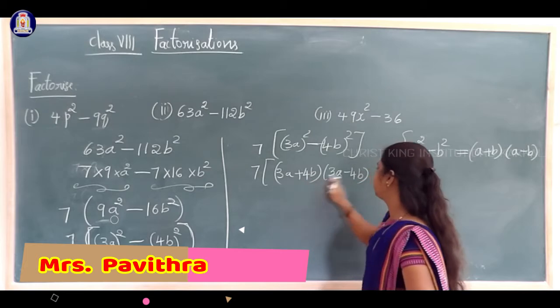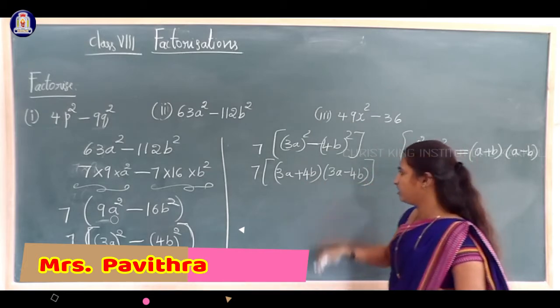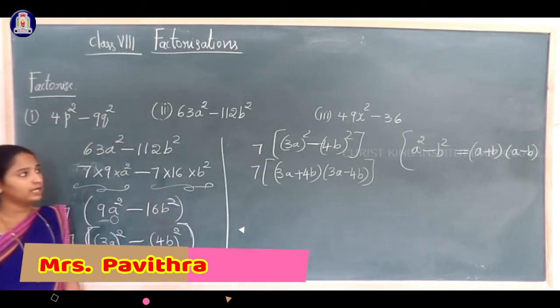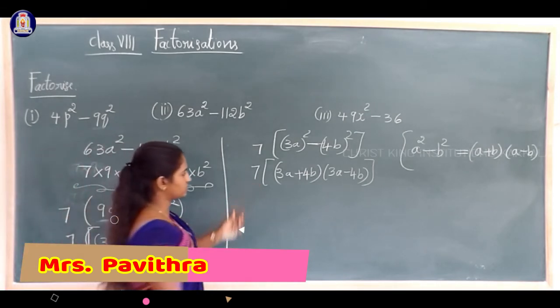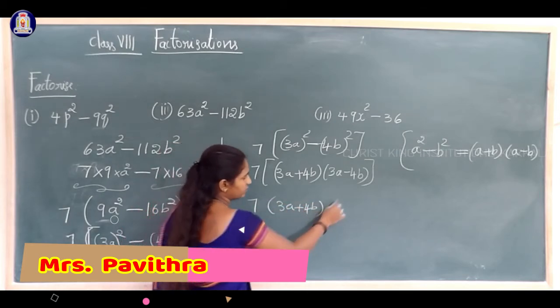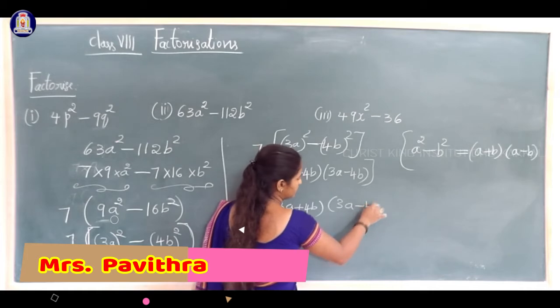So a plus b into a minus b. Now how many factors are there for 63a square minus 112b square? There are 3 factors. One is 7, another one 3a plus 4b, and another term is 3a minus 4b.